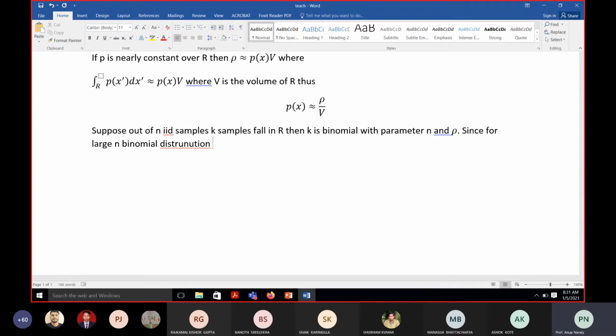Now this binomial distribution sharply peaks around its mean.